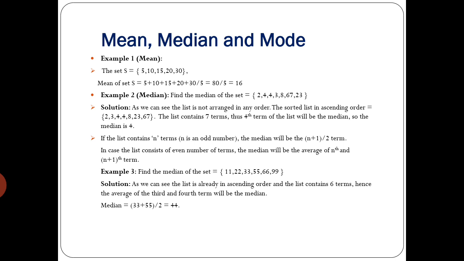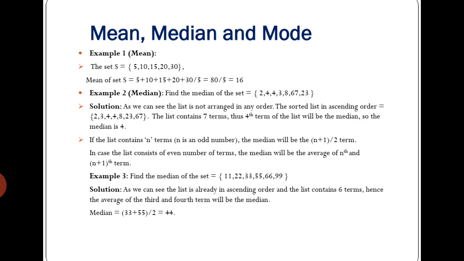So we'll see some simple problems to know what mean, median, and mode are. The first example is for the mean. The data set is given. Let the data set S have the values 5, 10, 15, 20, and 30.